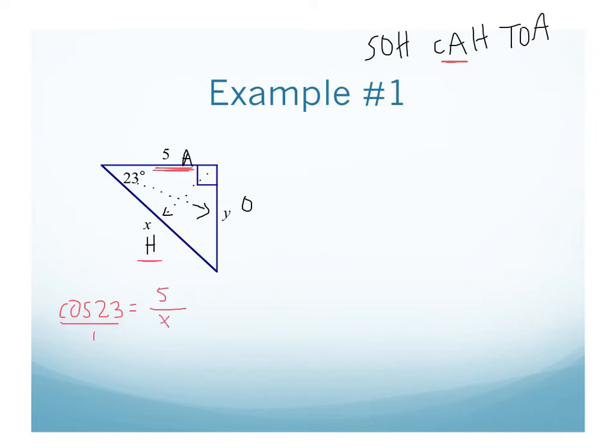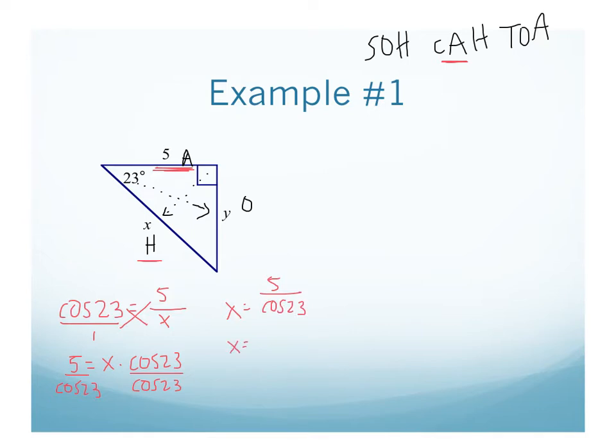Remember, cosine of 23 is a number, so we put it over 1, and we do cross products. 5 multiplied by 1 is 5, and then I have x times the cosine of 23. Now I'm going to divide both sides by the cosine of 23. X then is going to be 5 divided by the cosine of 23.